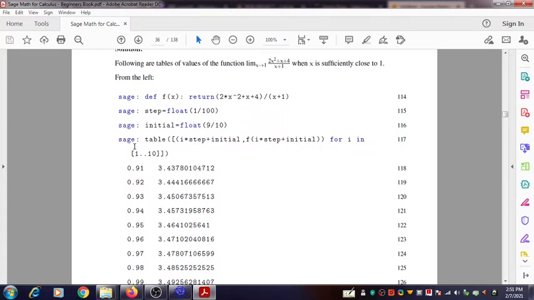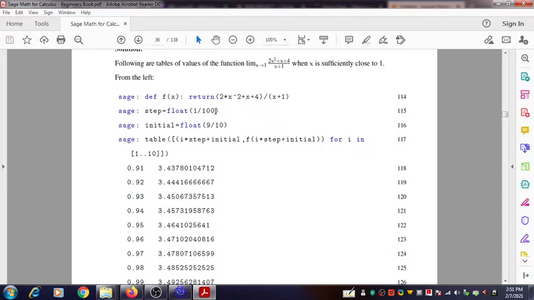So we consider the x value from 0.9 onwards, keeping the interval, or the difference between adjacent x values, as 0.01.